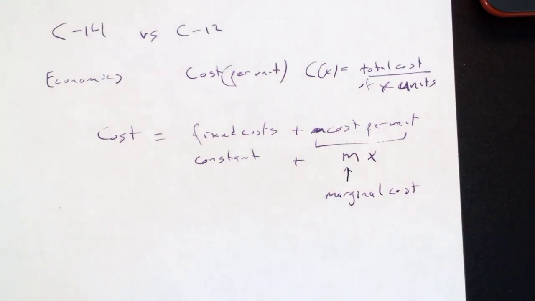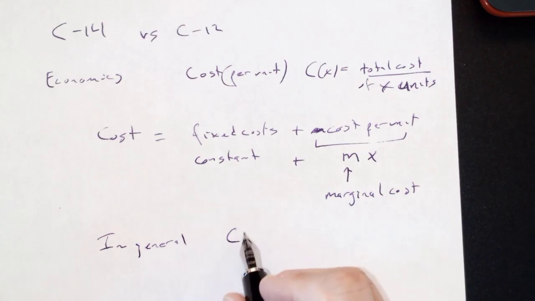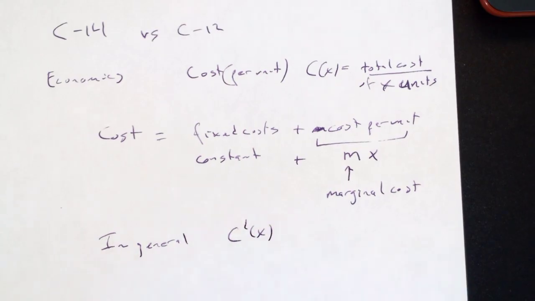Because if I want to add one more unit's worth of graham crackers, I just have to pay that much. If I have a more complicated equation, I'd just be taking the derivative. In general, marginal cost is C prime of X.